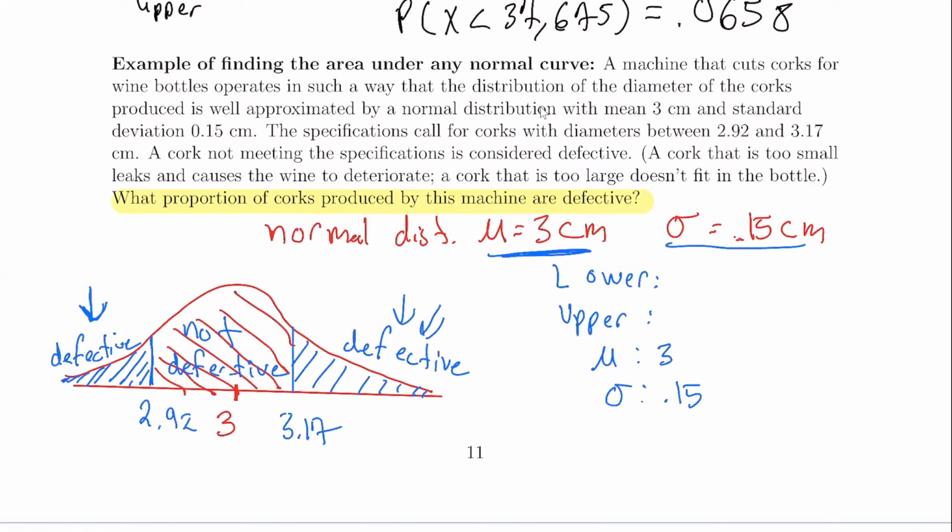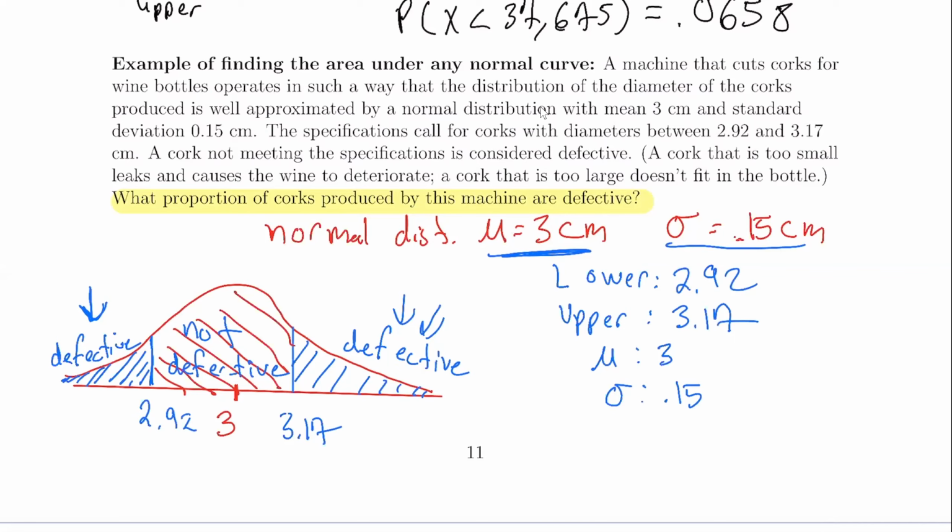If you want, you could put it in the chat, or you could shout it out. Cool, 2.92, perfect. Thank you, Amanda. So put 2.92. For this one, what would be my upper? Cool, thank you, Cesar. So 3.17.